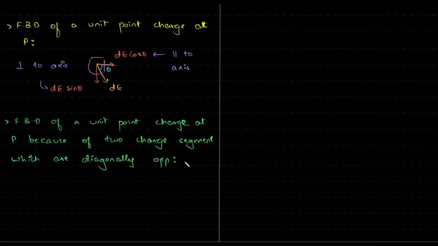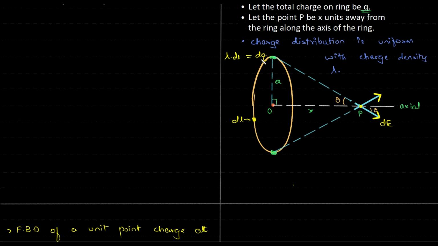What I mean is, here we have dq. Diagonally opposite over here is this dq. If I draw a diameter, this will be your diagonally opposite dq. Over here, if I draw a diameter, this will be your diagonally opposite length or charge.